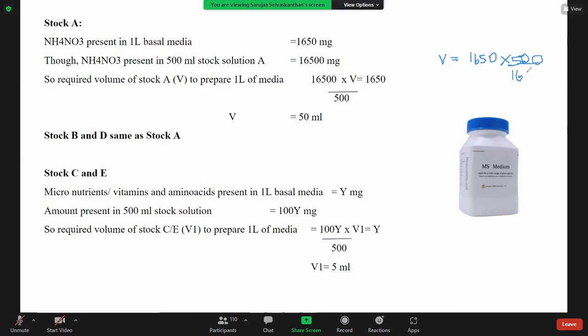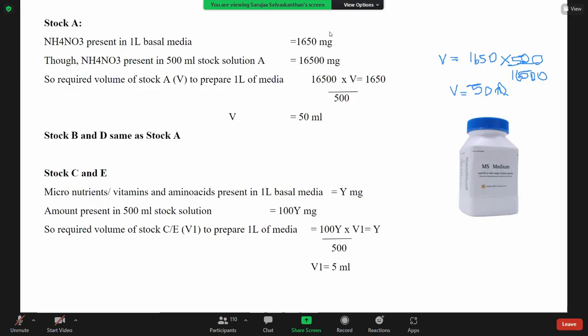It's really hard to write it. Then V equal to 50 milliliter. So if you pipette out 50 milliliter of stock A, it contains 1,650 milligram of ammonium nitrate.